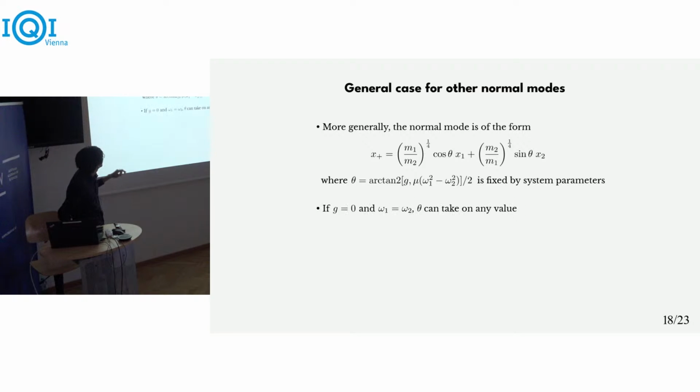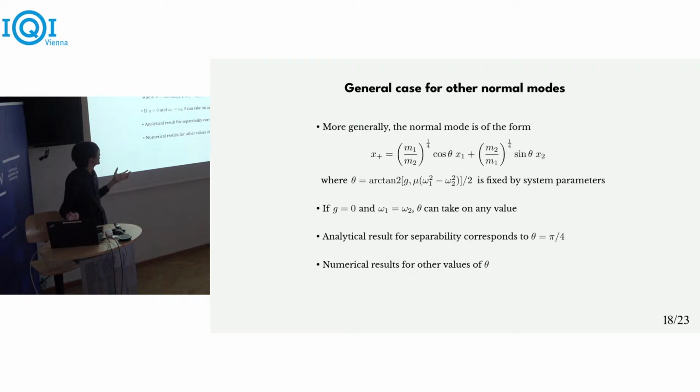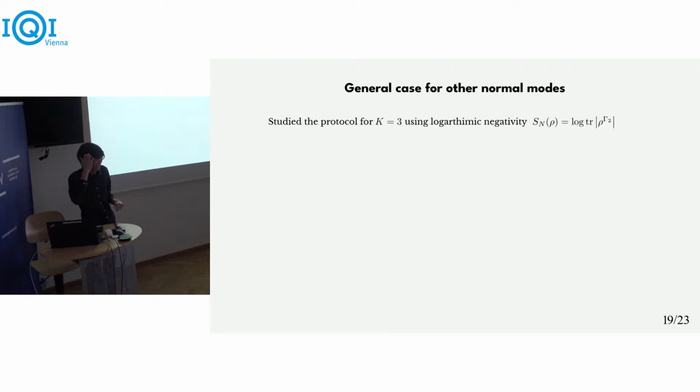So if I have uncoupled oscillators with the same frequency, then actually theta can take on any value. And of course, it's best to choose the theta which corresponds to the previous case where we have analytical results. So the analytical results basically correspond to a case where it's exactly a 50-50 beam splitter, or when theta is pi over 4. And we had to use numerical results for other values of theta, which I'll present now.